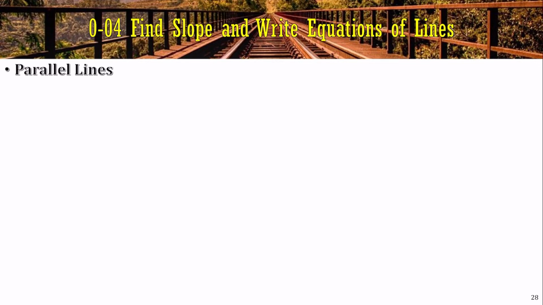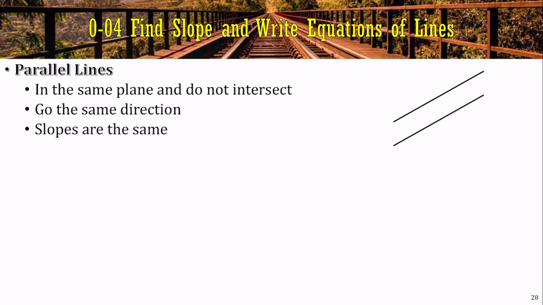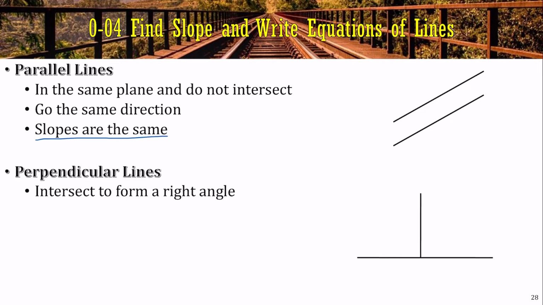All right. Let's talk about parallel lines and perpendicular lines. Parallel lines are on the same plane and do not intersect, like railroad tracks. They go in the same direction, as long as the railroad tracks don't turn. And the slopes are the same. Perpendicular lines form a T. They intersect to form a right angle.